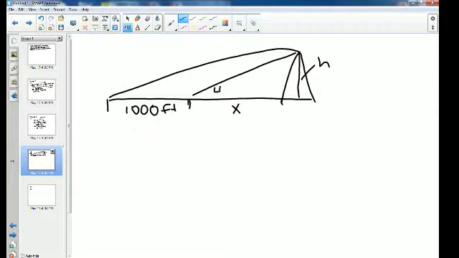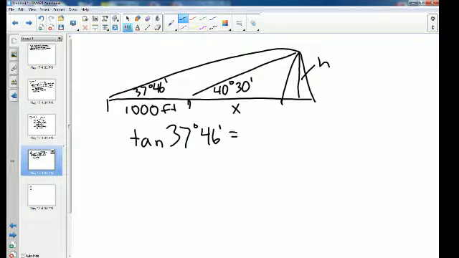So these people are at 40 degrees 30 minutes. This group is at 37 degrees and 46 minutes. Okay, so let's solve for x and h. So first we'll do tan 37 degrees 46 minutes, so that equals h over 1,000 plus x.